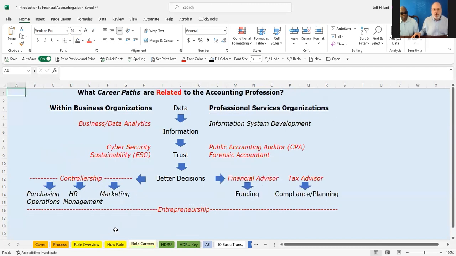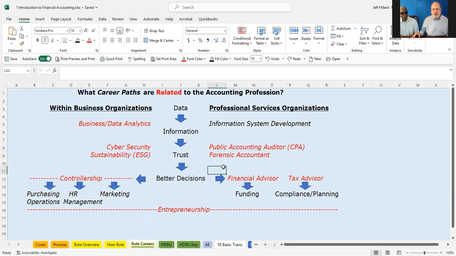What career paths are related to the accounting profession? Business and data analytics in red up here is really, really important. You also have information systems development, public accounting auditors. This is a primary accounting major for entry-level position. Also a really cool, hot field is forensic accounting.